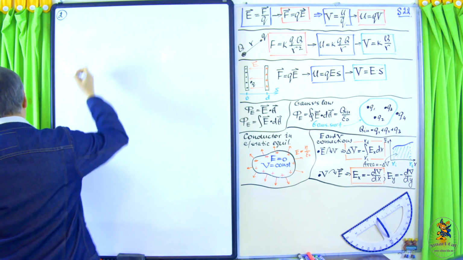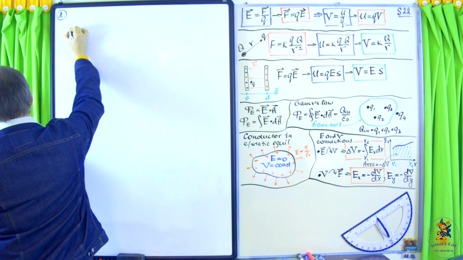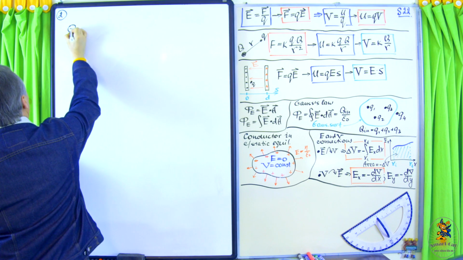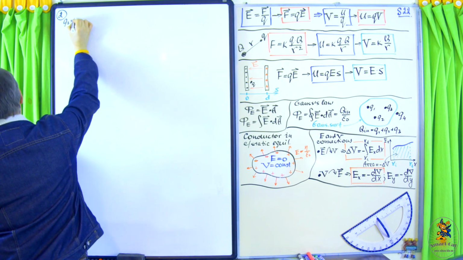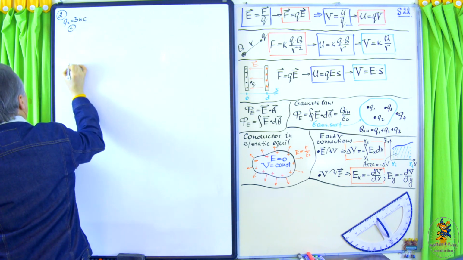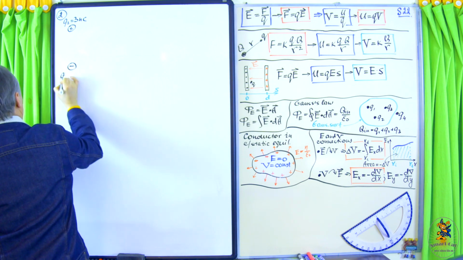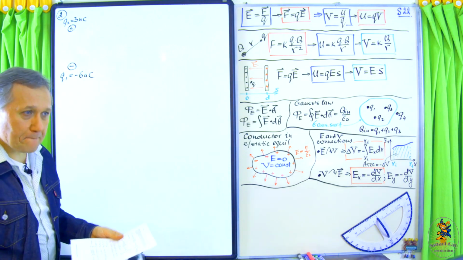Let's say the first one is over here. Trying to estimate the amount of space that I might need. So plus, that's Q2 equals 3 nanocoulombs. Then over here there will be a negative charge, Q1, minus 6 nanocoulombs, right?